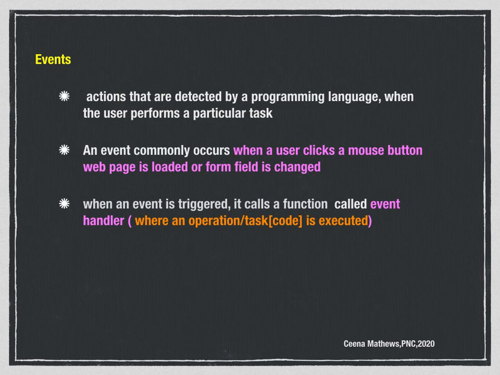When an event is triggered, it calls a function called event handler. In this event handler, operation or task will be executed. That is, this operation or task is written as a code and which will be executed. And that is what is called an event handler.